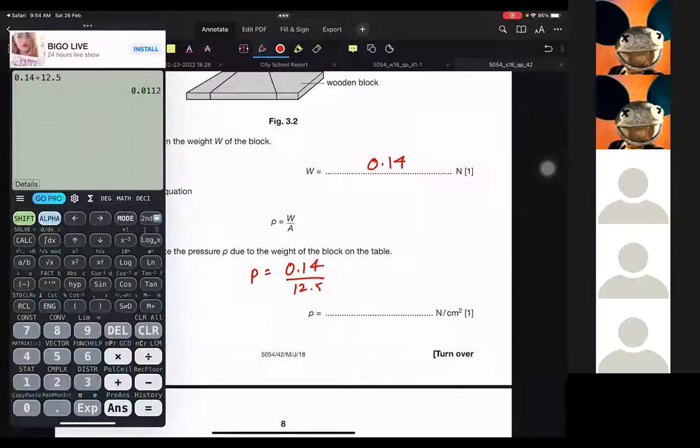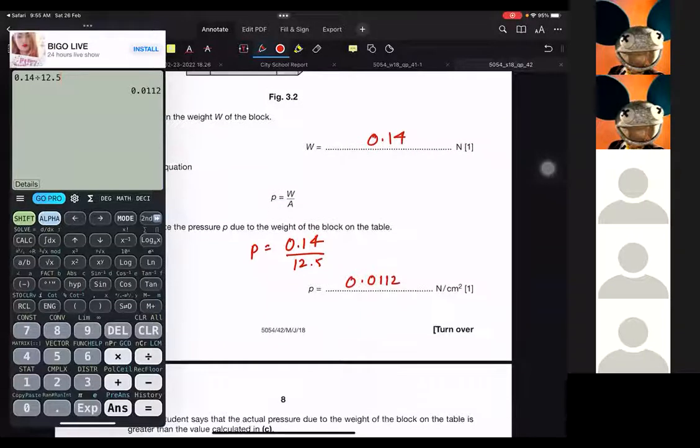Okay, so I am getting 0.0112. Okay, that's fine. It's actually fine.